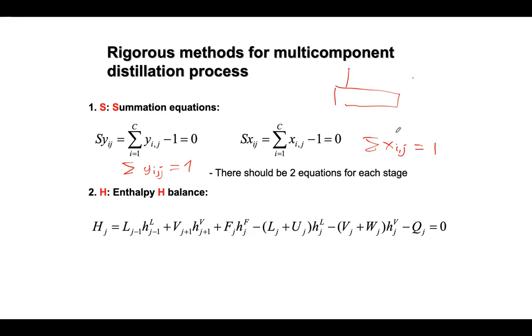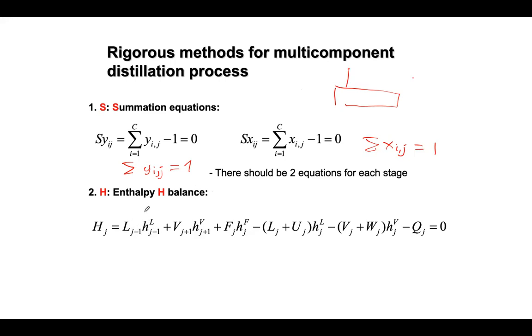Next, the last one is the enthalpy. Again, enthalpy is for the energy balance. Actually, all of the mass, we multiply it with the enthalpy in the stream.